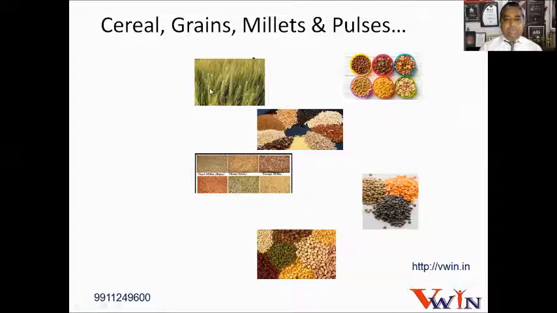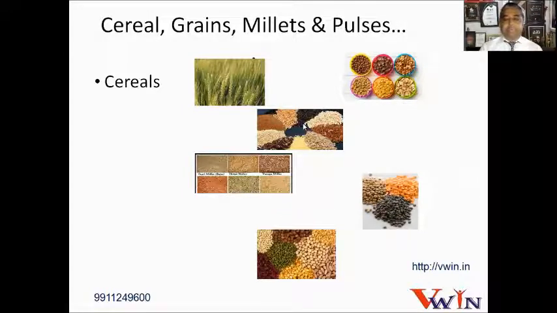You can see the grass-like plants. These plants actually produce the food grains. So these plants which are having seed which is used as food grain are known as cereal. Also, all the dishes which are prepared from these food grains are known as cereals.